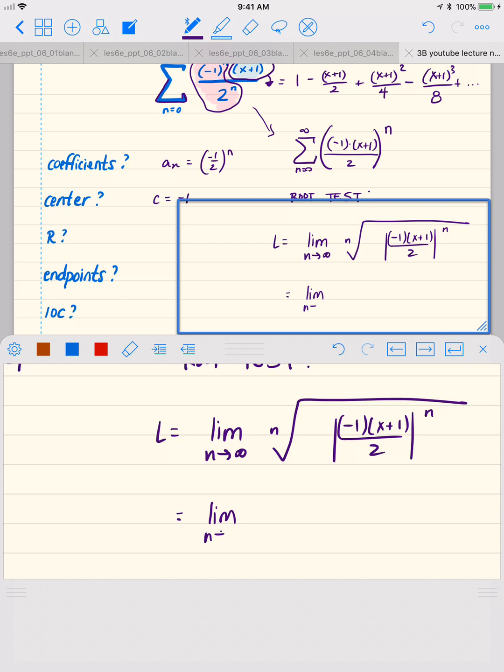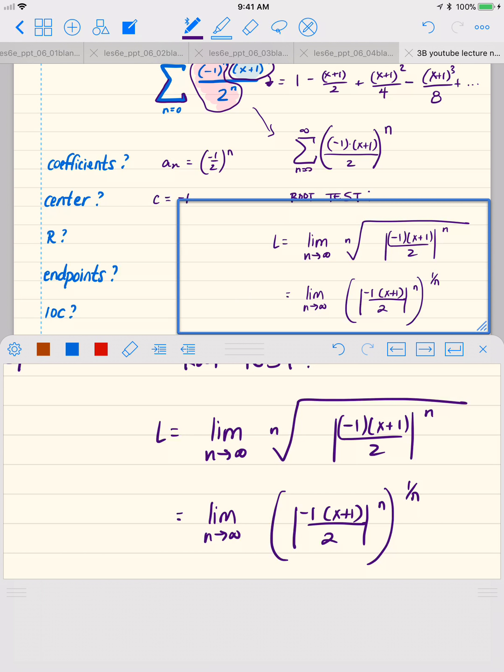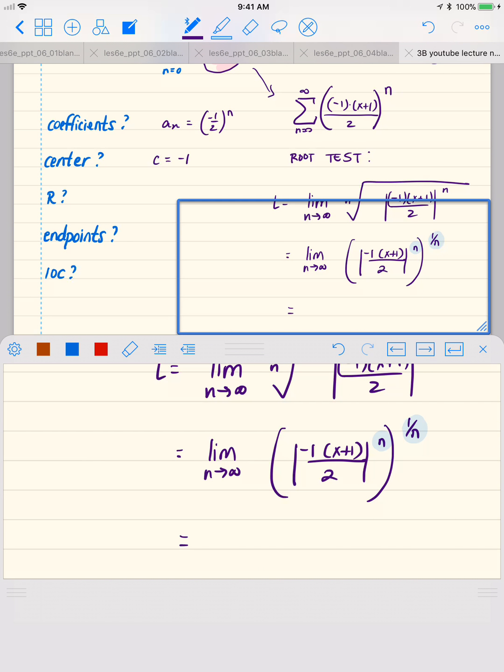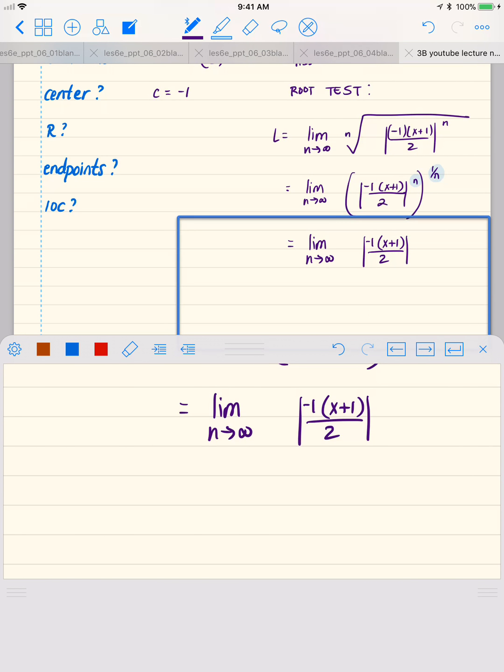Because this is the limit as n goes to infinity of negative 1 times x plus 1 over 2, all of that to the nth power to the 1 over n. So the n and the 1 over n as exponents will cancel each other out, and we'll just have the limit as n goes to infinity of the absolute value of negative 1 times x plus 1 over 2. So now what is this limit as n goes to infinity?